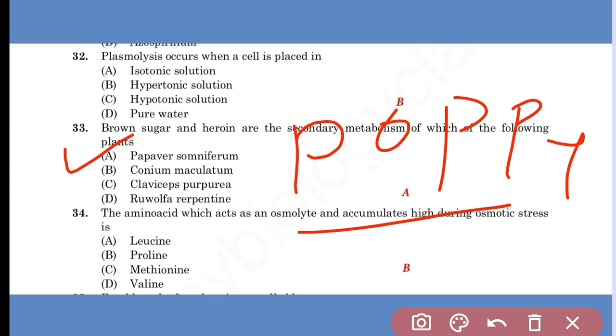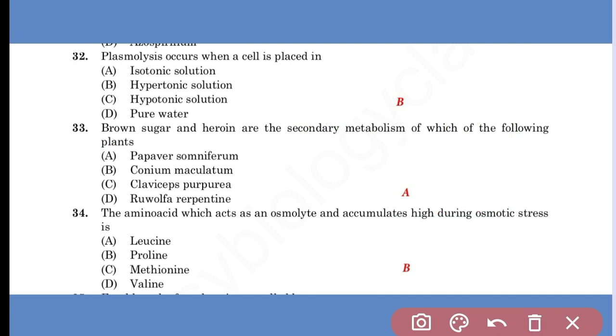It is a fungal parasite of cereals and grasses that produces toxic alkaloids. Option D is Rauwolfia serpentina. This plant is a source of Rauwolfia alkaloids, used to treat high blood pressure, that is hypertension. So the answer of this question is Papaver somniferum, that is poppy.